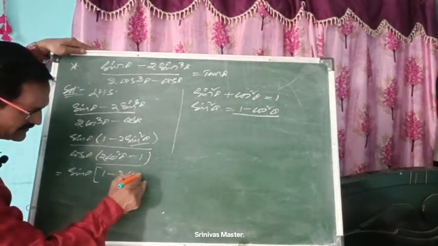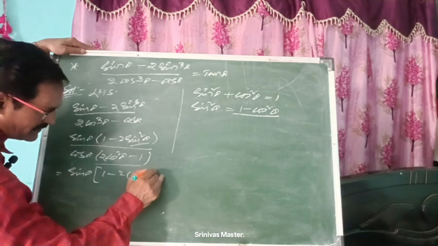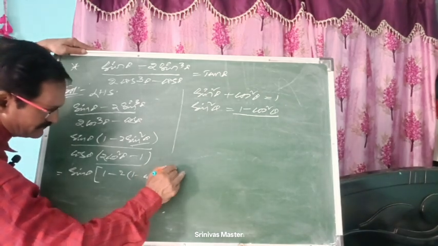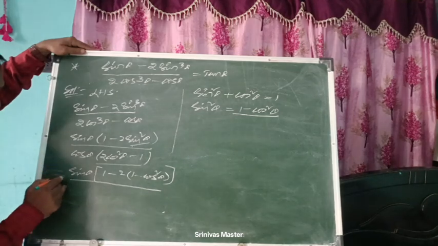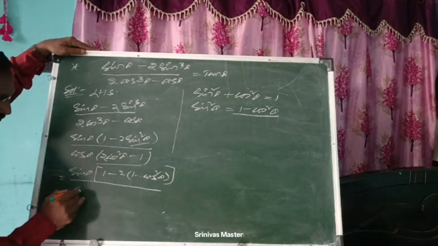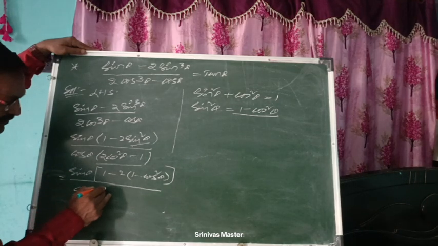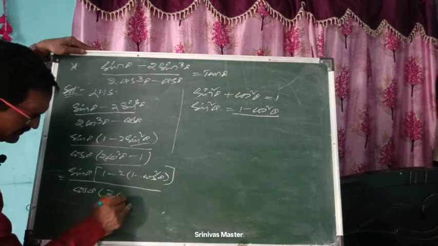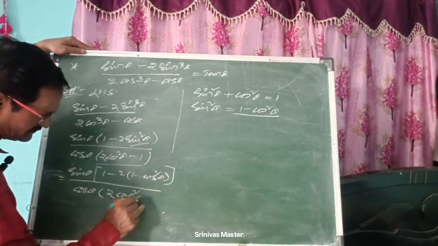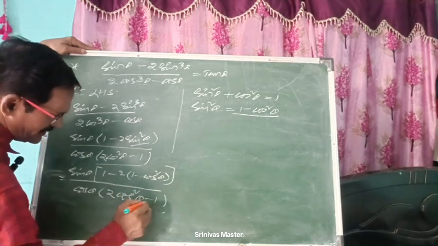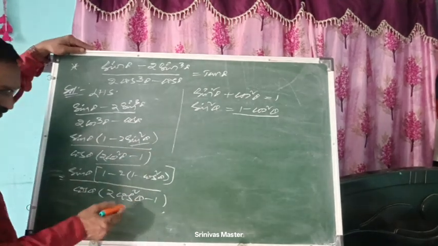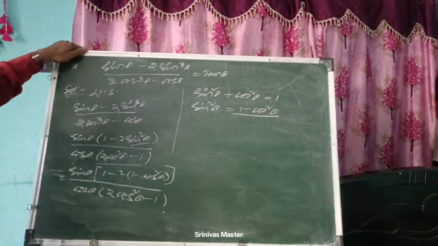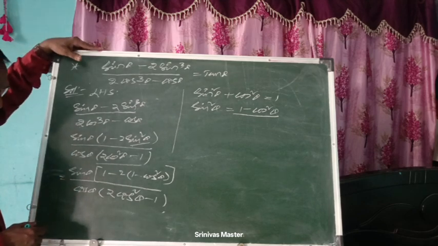By the denominator as usual: cos theta of 2 cos square theta minus 1. I told you to keep the denominator the same. If you change the denominator cos square theta in terms of sin, the simplification will just keep going on.